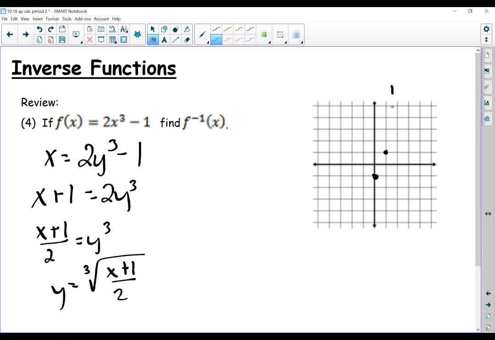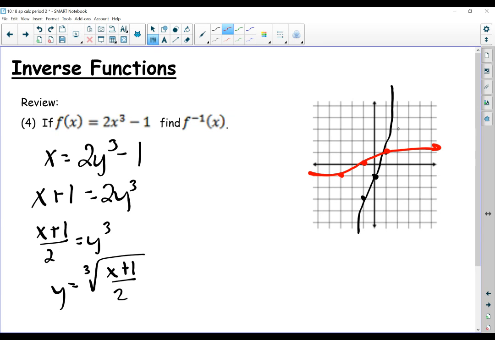that's way off the screen. So here is the original function, and then in red I'll do the inverse function. And it'll look like this.